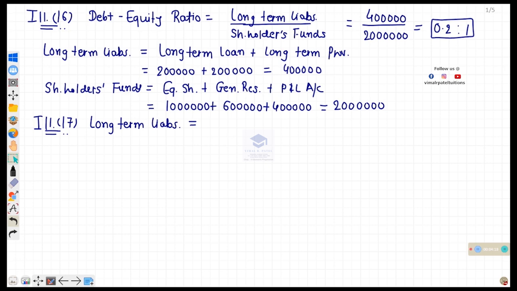Long-term liability is long-term loan plus long-term provision.